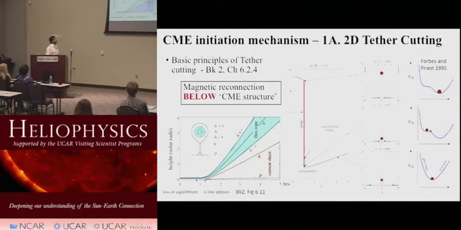So the basic principles of the tether cutting go through some theory and work, and actually it's in the books that you guys have got, in book 2, and this is a figure I grabbed from there. And if you want to go into more of the theory behind that, I'd invite you to go read them. But the idea here is looking at how the CME destabilizes and lifts up above the surface. And this is a focus on creating the flux rope and looking at the energy state that occurs from that.